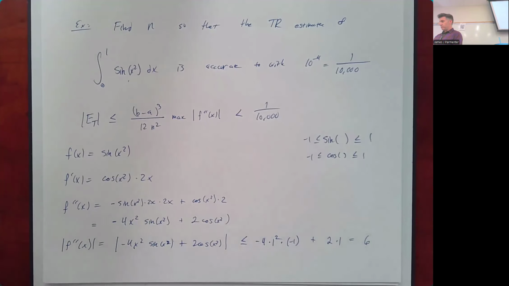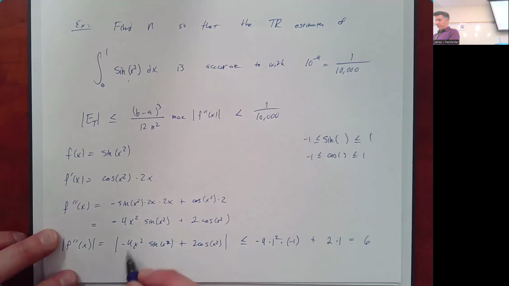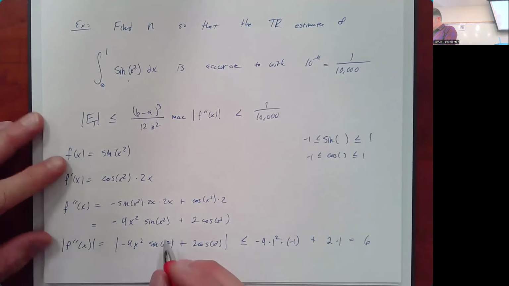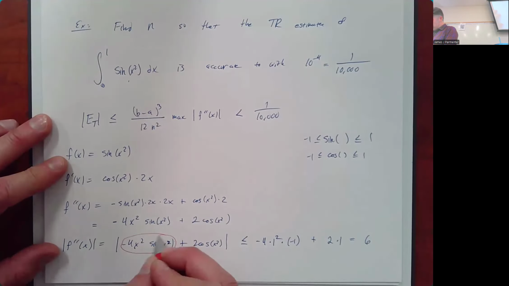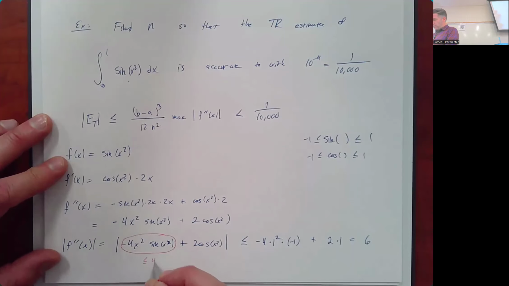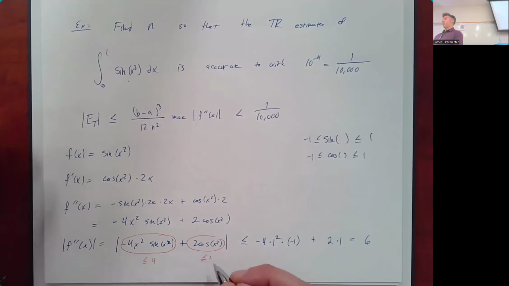Again, it feels a little shady that we're just saying we get what we get, but it's totally fine to say, no matter what x is, this part's always less than or equal to 4, and this part's always less than or equal to 2. And so the sum of them is for sure going to be less than or equal to 6. There is probably a smaller number that is also an upper bound, but 6 is perfectly good.